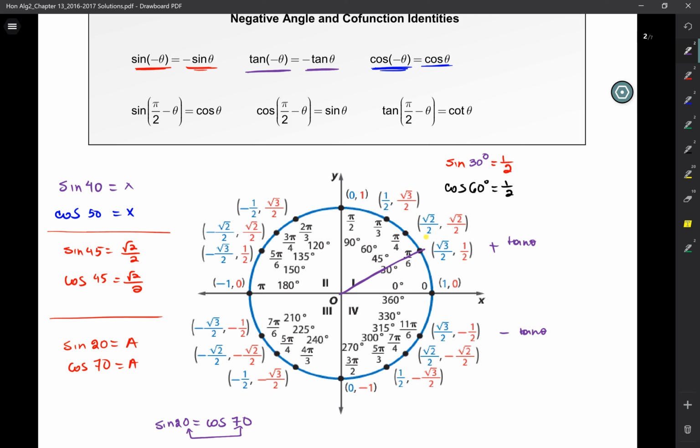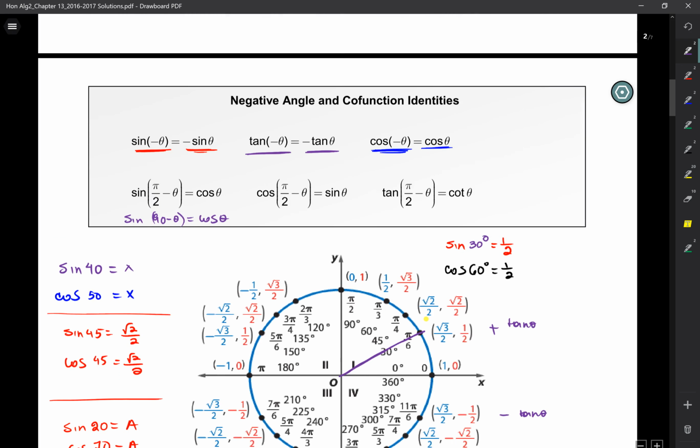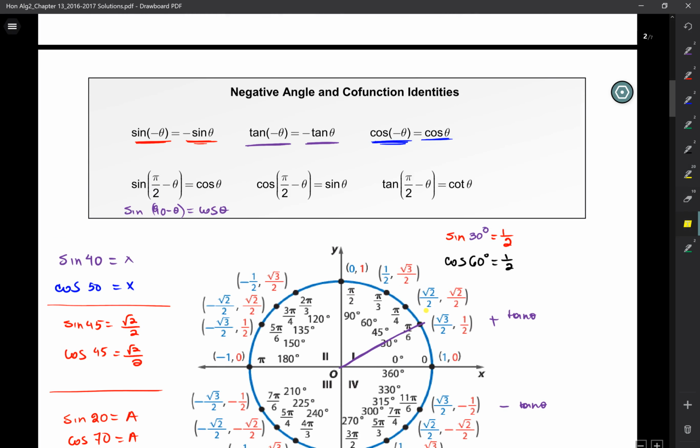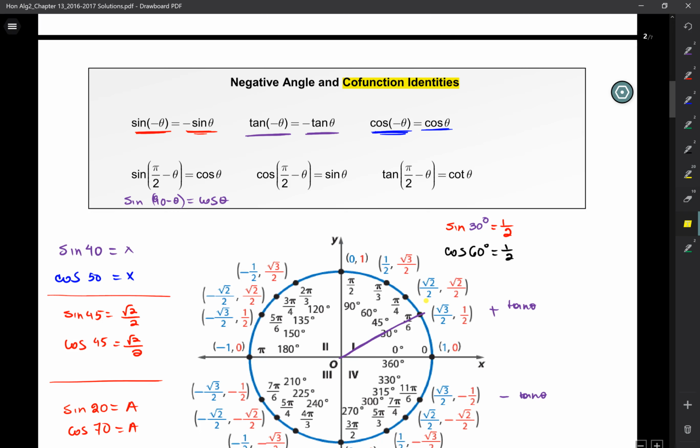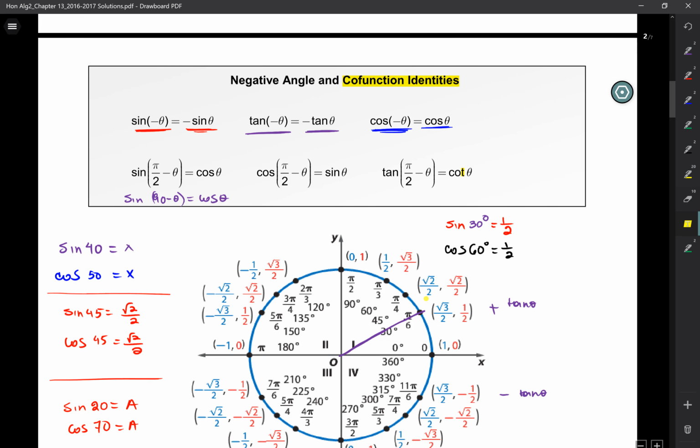So if you have cosine, pi over 2 minus theta is sine. If you have tangent, pi over 2 minus theta is cotangent. Okay? It's the same as 90. So if you have sine of 90 minus theta, that's cosine of theta. Okay, so these are called cofunction identities. All right? These are the cofunction identities.